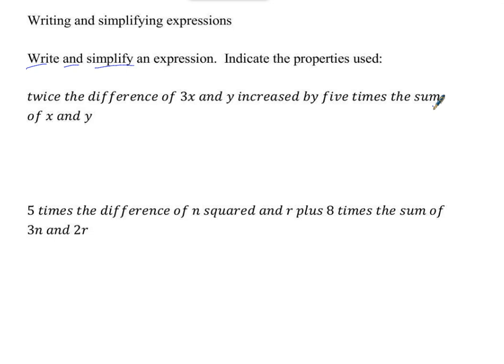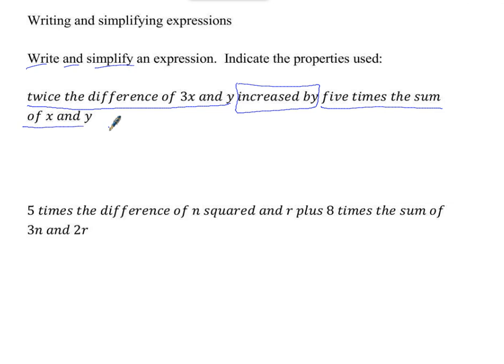So you need to remember how to do these. Where do we start? Start with the variable. In this case, there are two variables, right? X and y. It says twice the difference of 3x and y. So that's like one part. Then we have increased by 5 times the sum of x and y.